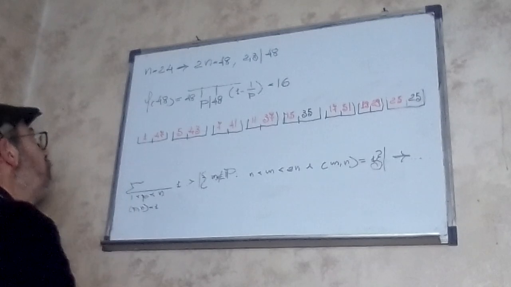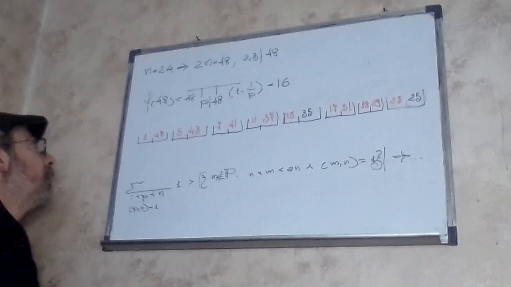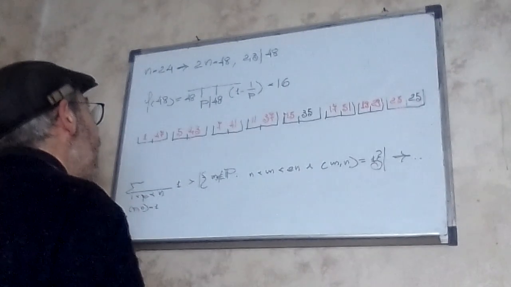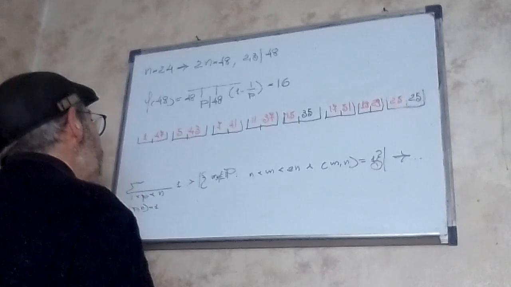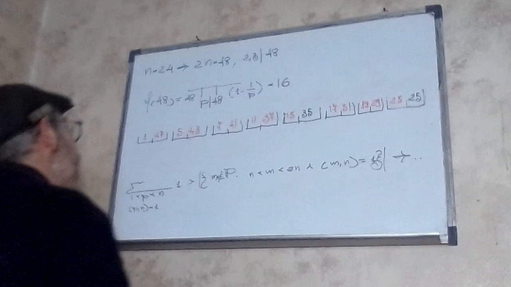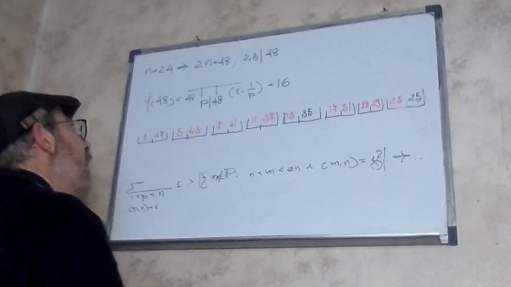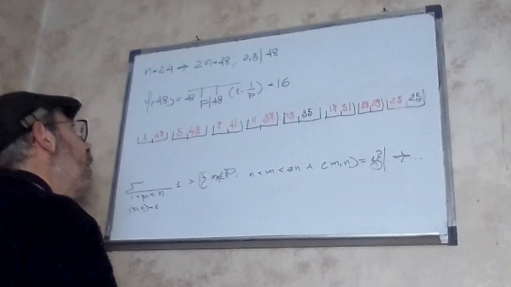So that 2n is equal to 48, and it is immediately checkable that the unique prime numbers that divide 48 are 2 and 3.